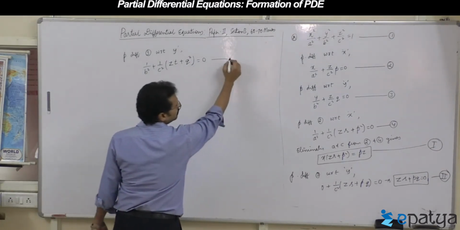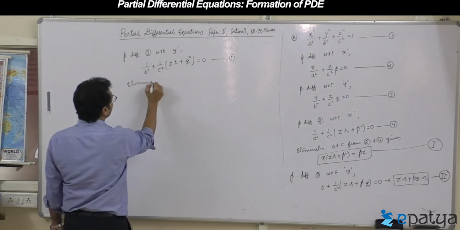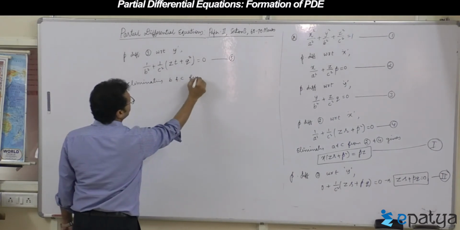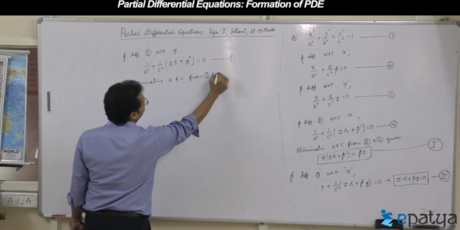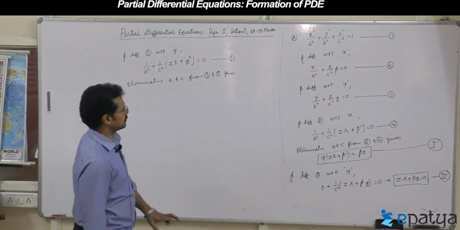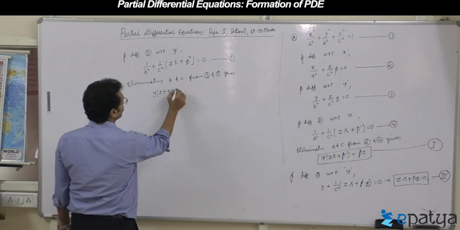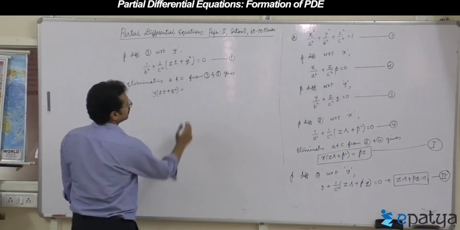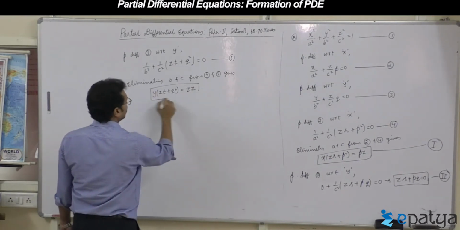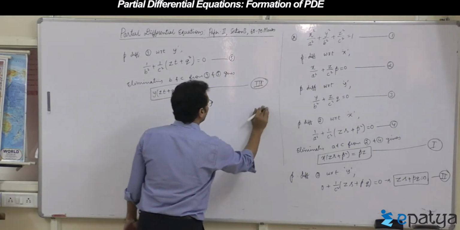So this is equation number 5. Eliminating b and c from 3 and 5 gives, so that's a minus of that, is a minus of that. So y into (zt plus q square) is equal to qz. This is third answer. All the three are 100% correct.